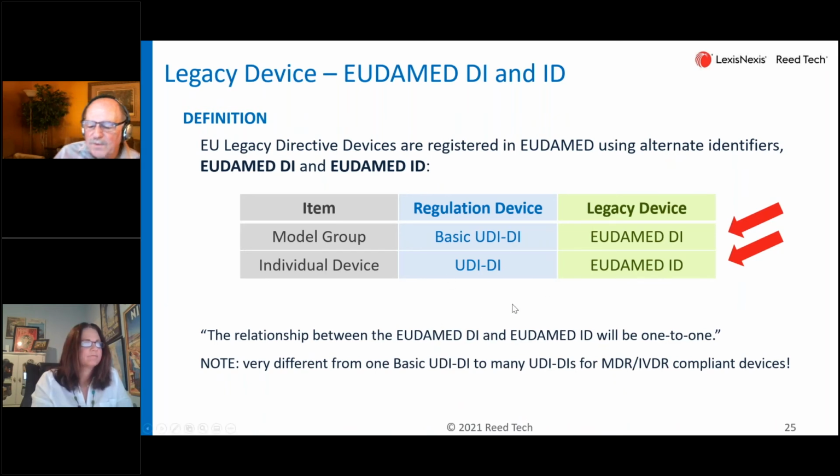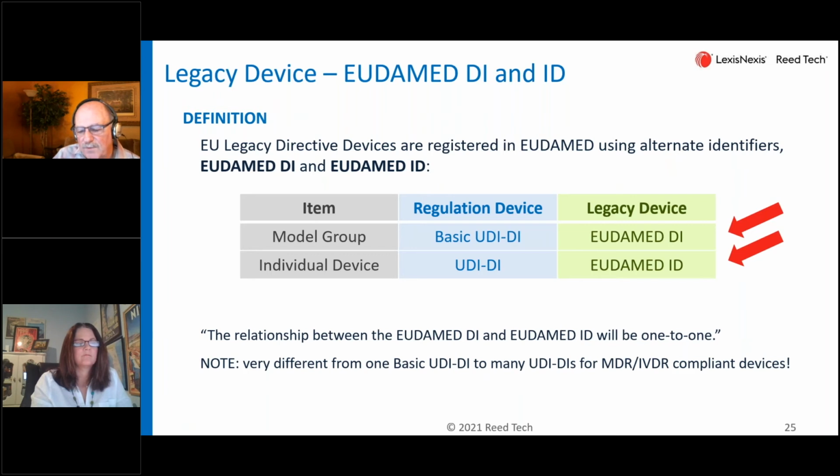So one of the things that became apparent is that the relationship between the group EUDAMED DI and the individual device EUDAMED ID is 1-to-1, not 1-to-many like the regulation allows devices to define and put their construct and organization around.